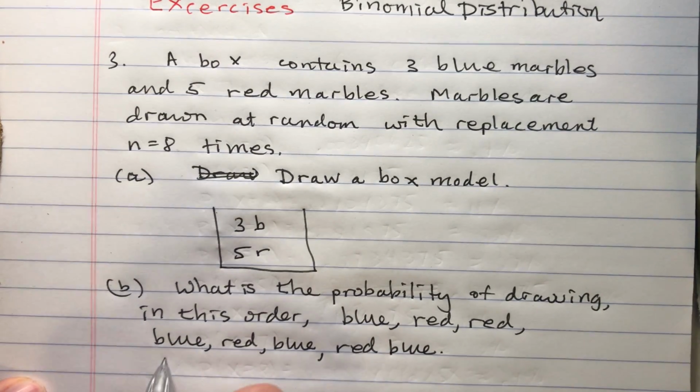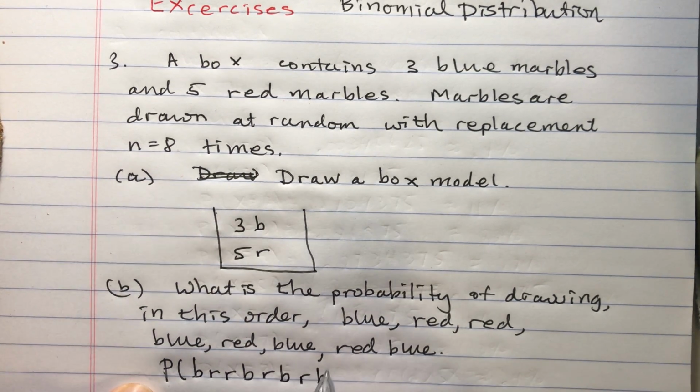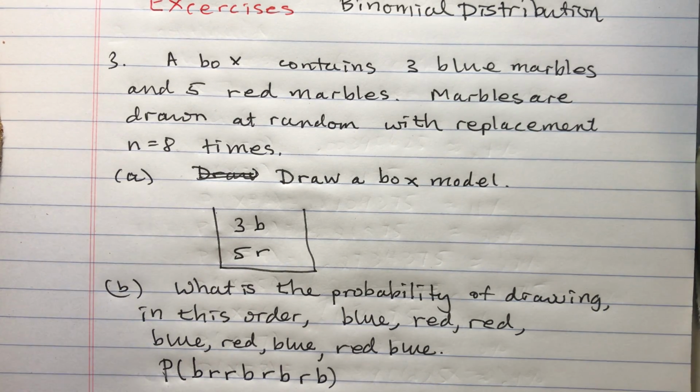So this is the probability of B, R, R, B, R, B, R, B. Let's just notice that there are 8 of these: 1, 2, 3, 4, 5, 6, 7, 8.